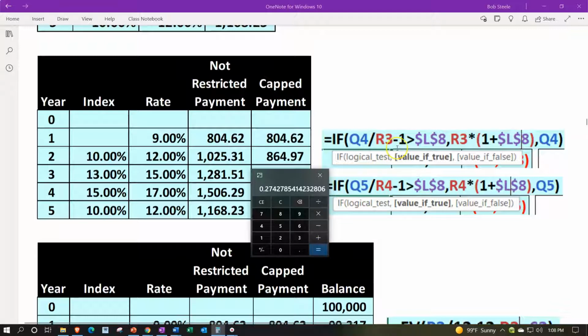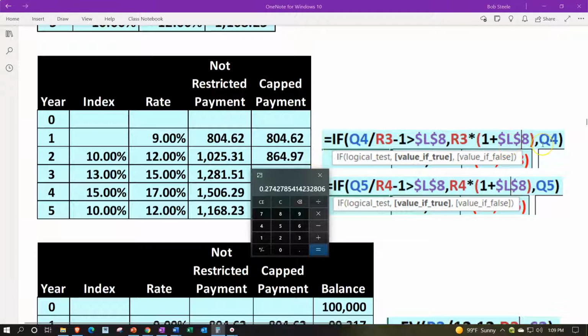That's this whole portion. If that is greater than the 7.5 increase referenced in the data set, which this obviously is, then we go to the next argument, value if true. So if that is greater, then what are you going to do? Well, then you're going to apply the cap. The cap would be the R3, which is the prior cell, times those 7.5%, which would be this 864.97.